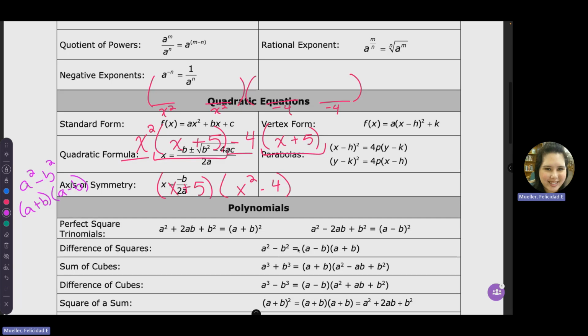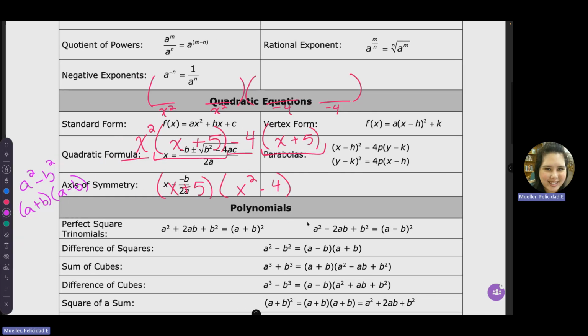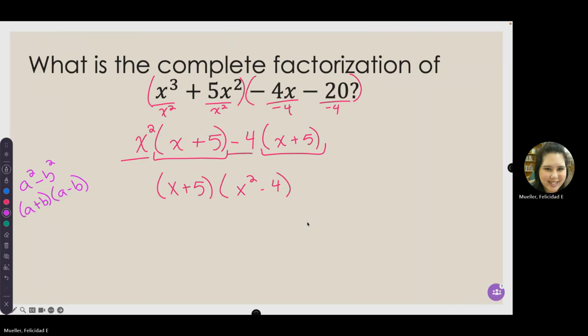That's going to be one of the most favorite versions to use, especially when you see the words complete factorization; they probably have one of these special factoring techniques built into the question. So this actually ends up being x plus 2 and x minus 2 for that x squared minus 4. And then we have x plus 5. But you do need to recognize the special factoring techniques.